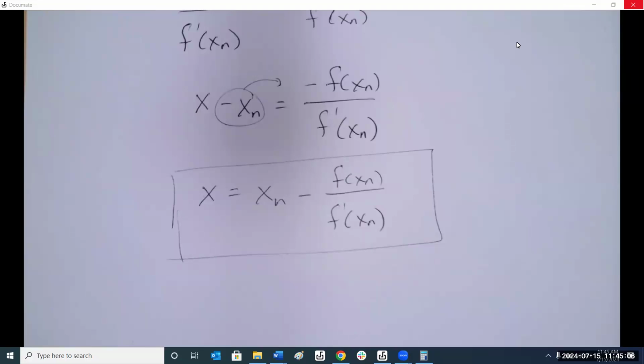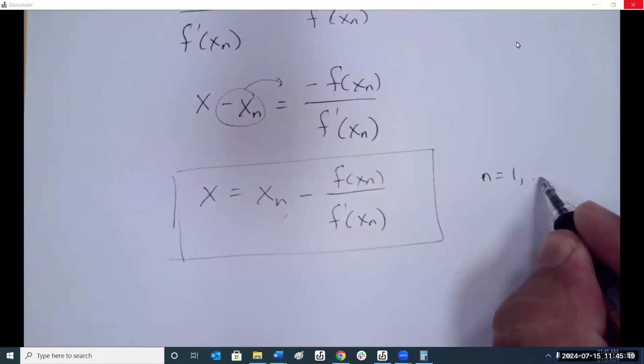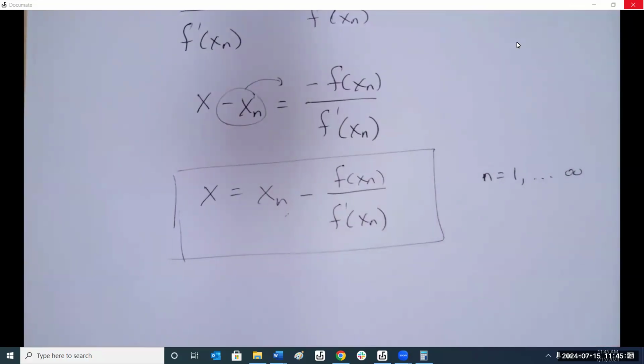So Newton's method, again, is an iterative method. In this formula you notice we have x sub n, where n is any number from 1 to infinity. It keeps on going until we find the appropriate solution.